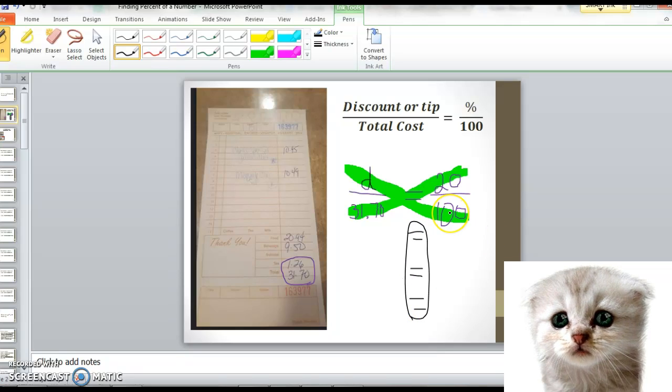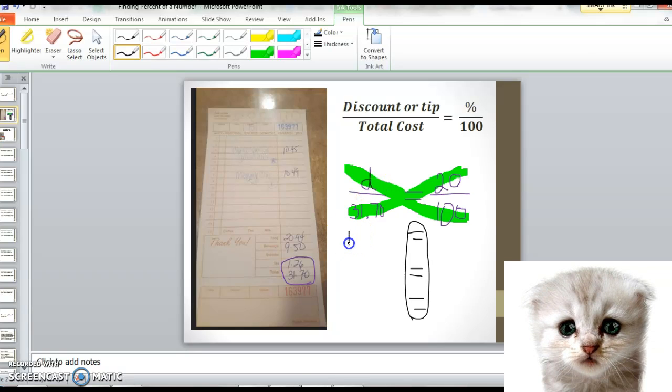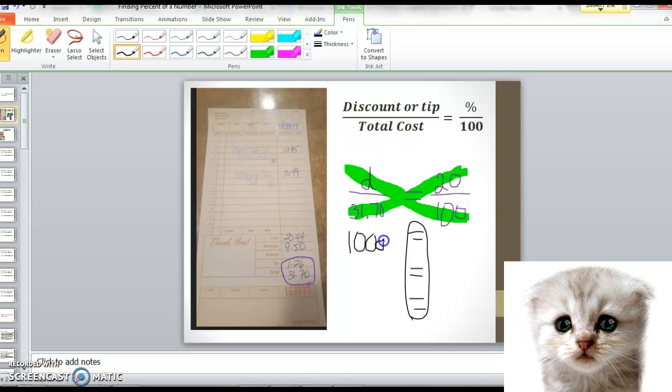Okay. I'm going to multiply 100 times D. Because we don't know what D stands for, I'm going to write 100 and the letter D. When a number and a variable are next to each other, it's assumed that it's multiplication.